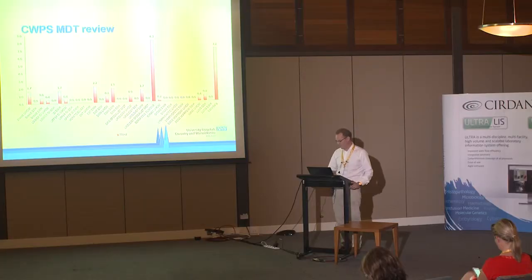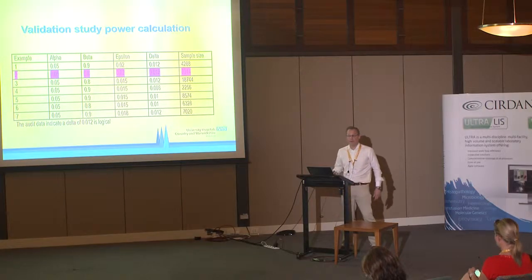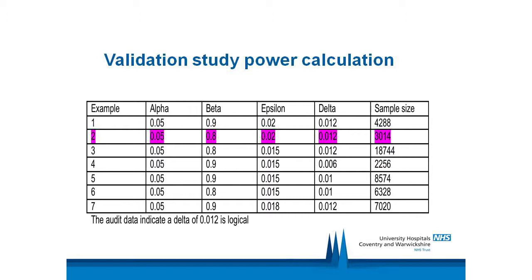So we gave that figure as our baseline variation to our statistical colleagues, and they did some crunching as they do, and they came up with this range of study sizes and power calculations to go with them, of which we chose the 3014 case size, giving us an 80% power to show a difference if there was one.